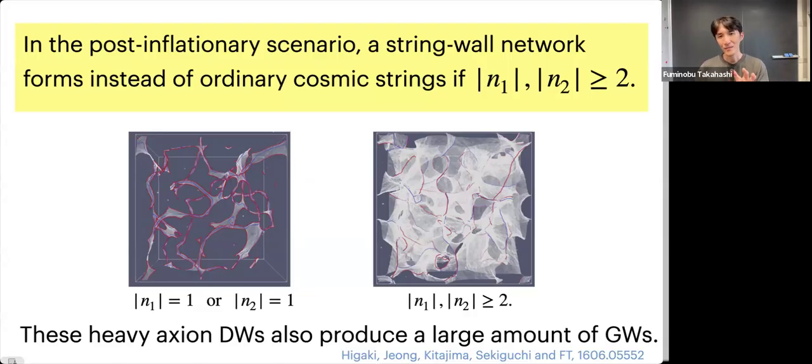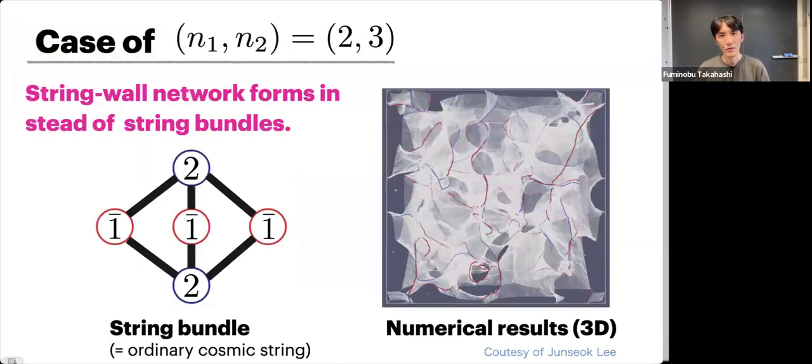Here, the situation is different. For instance, in the case of N1 equals 2 and N2 equals 3, the physical vacuum is unique. Or more precisely, they're connected by massless degrees of freedom. And so in that sense, there are no distinct vacua. But still, we have the domain wall network like this.